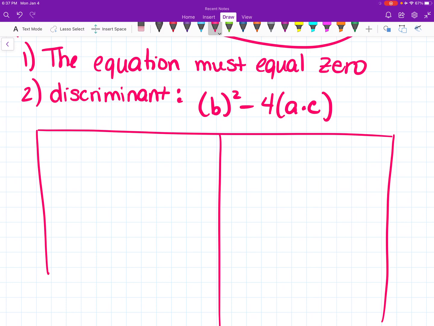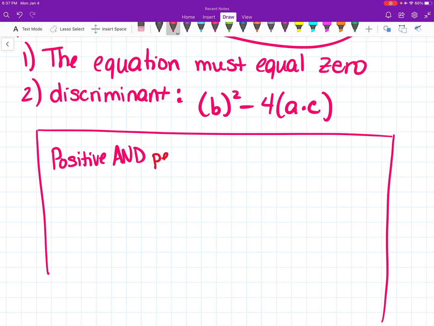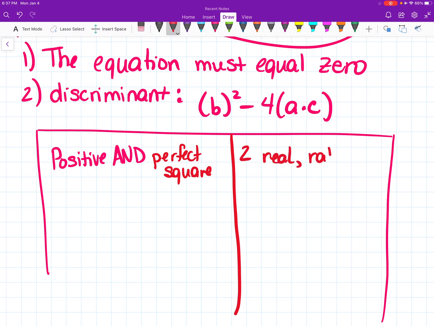So, if the discriminant is positive and a perfect square, then the type of root you have is 2 real rational roots.